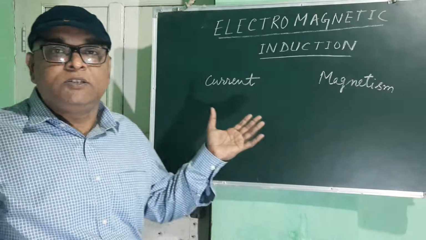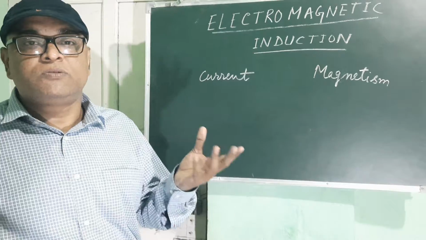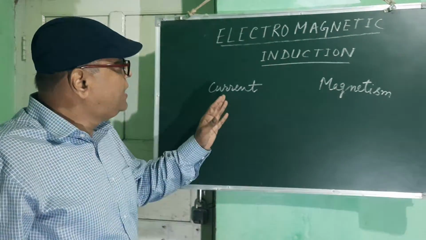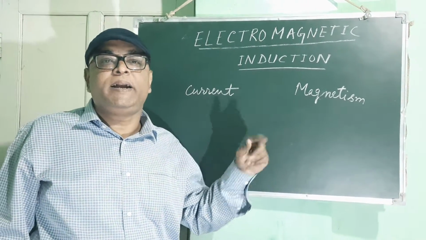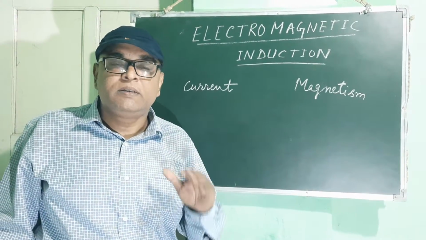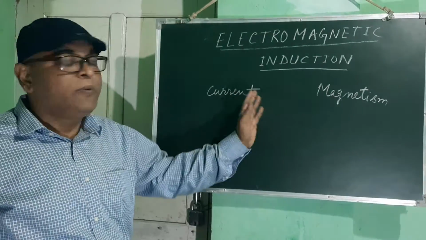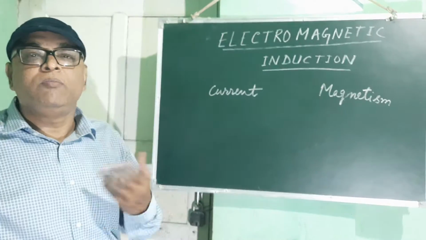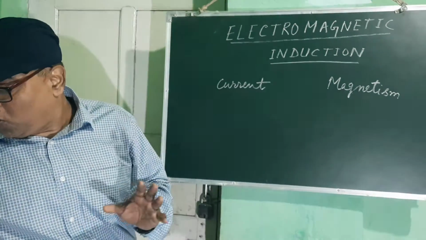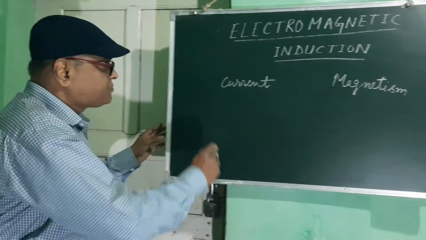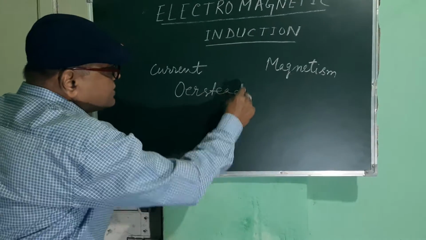Before the 18th century, scientists concluded that electricity, that is current, and magnetism are two separate entities. But the scientist Oersted interlinked them, and he gave one experiment, the name of that experiment is Oersted experiment.